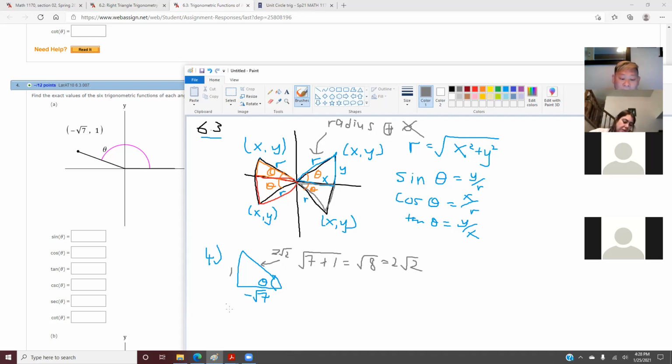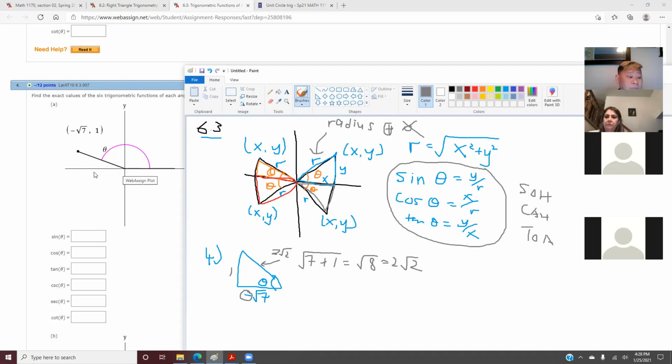So now with this triangle, you can do your sine, cosine, tangent using your SOHCAHTOA. If you forget this formula, don't worry about that. Just use SOHCAHTOA, because it's the same thing, since you've got your triangle already. But make sure that this x here is negative. The reason why is because your x value for quadrant 2 is negative, and your y value is positive.